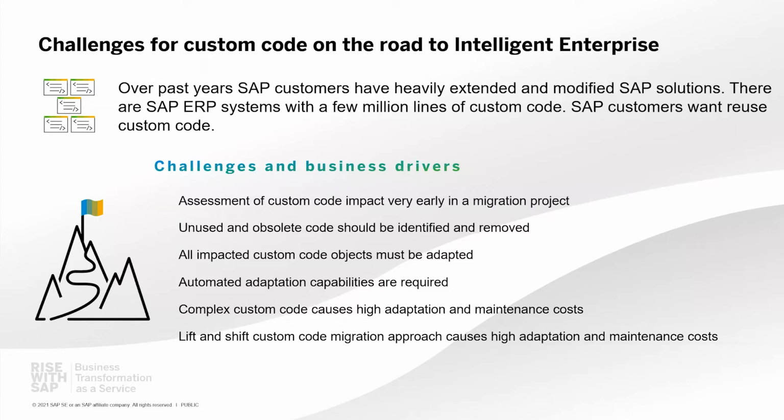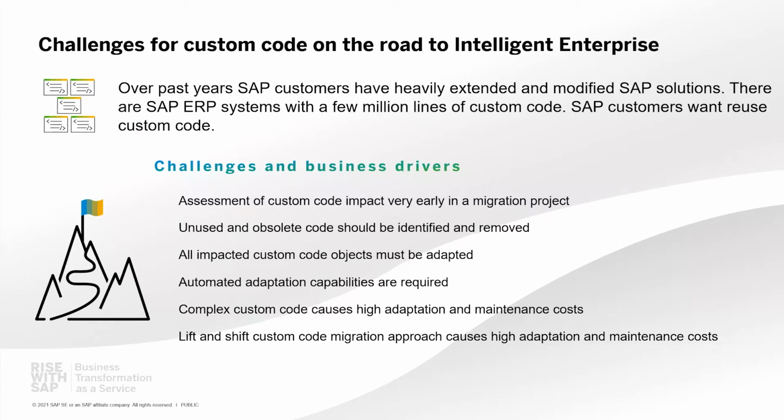The understanding about custom code impact must be won at a very early stage of your migration project. An average SAP ERP system contains a lot of custom code which is never executed in production, and this unused custom code should be identified and removed. Besides that, all impacted custom code objects must be either adapted or deleted from the system.